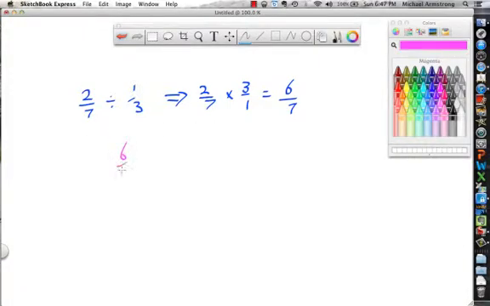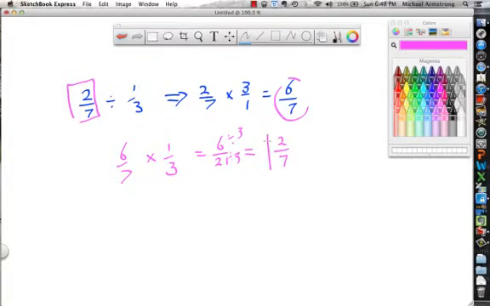So 6/7, which was the answer, times 1/3, which is what we were dividing, should equal 2/7. Let's see. 6 times 1 is 6. 7 times 3 is 21. I can divide both 6 and 21 by 3. 6/21 is the same as 2/7, and 2/7 matches. That's what I was looking for. And I can see that it works.